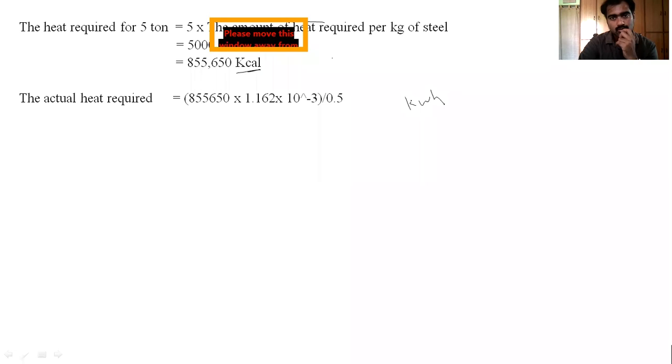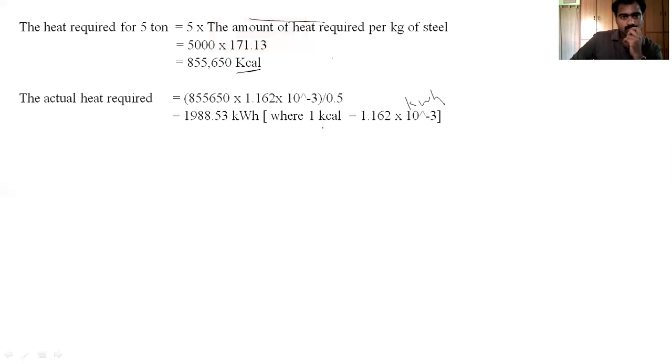For 1 kilocalorie, the value is 1.162 into 10 power minus 3 kilowatt hour.